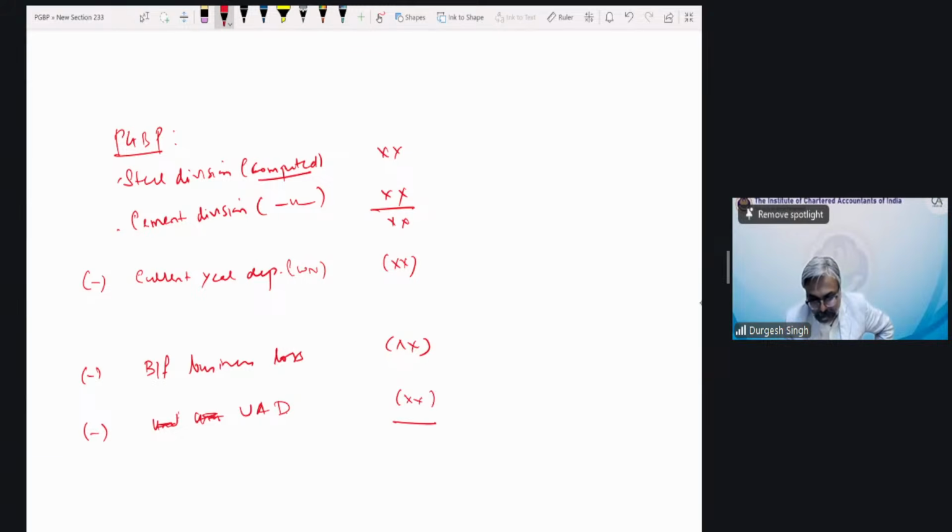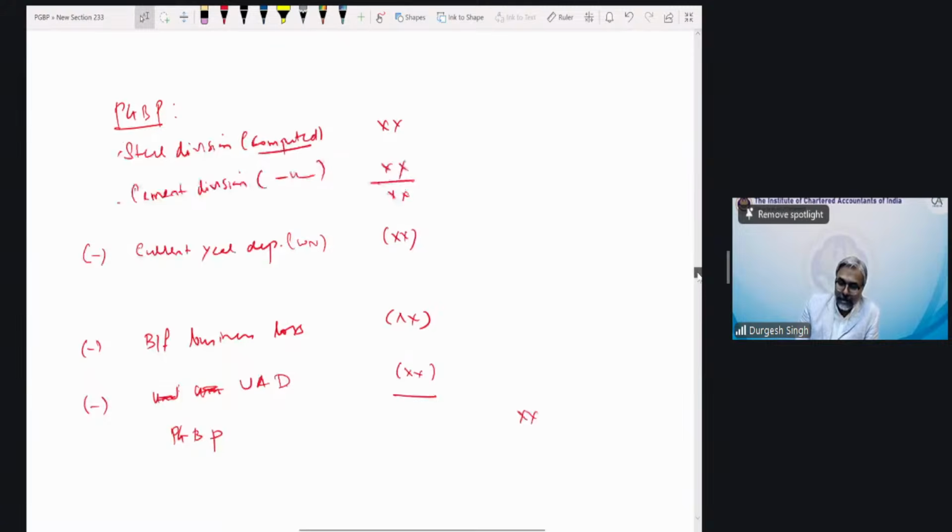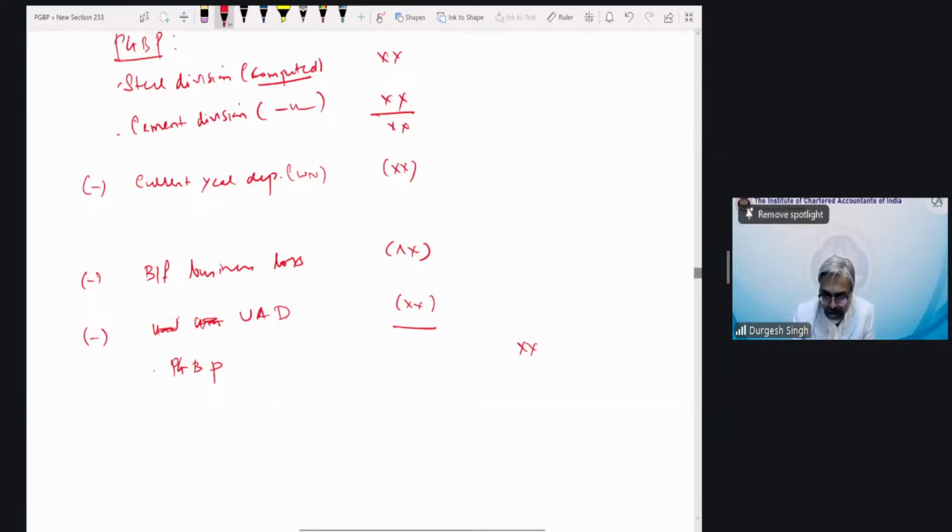And this is what finally will give you PGBP. This you will take to the outer column. And say, for example, he may have capital gains, or say income from other sources. Take it to the outer column. This will give you GTI. This is nothing but your GTI.